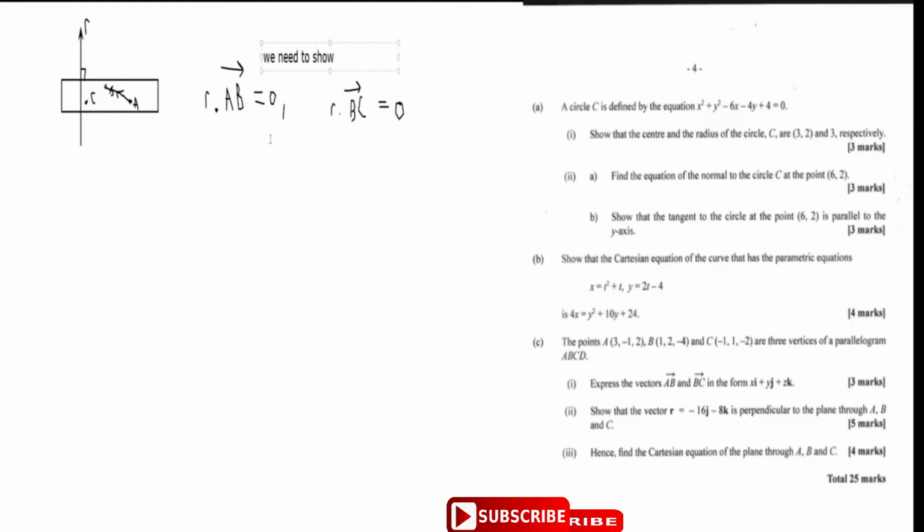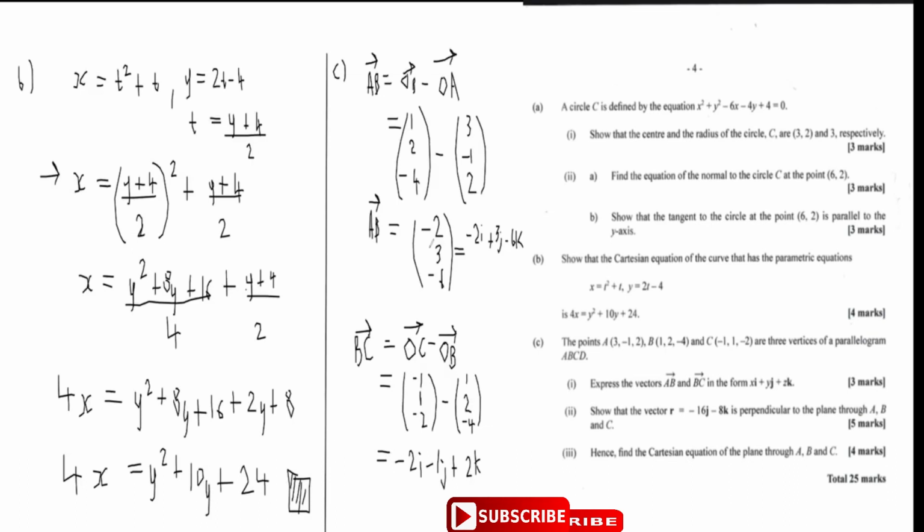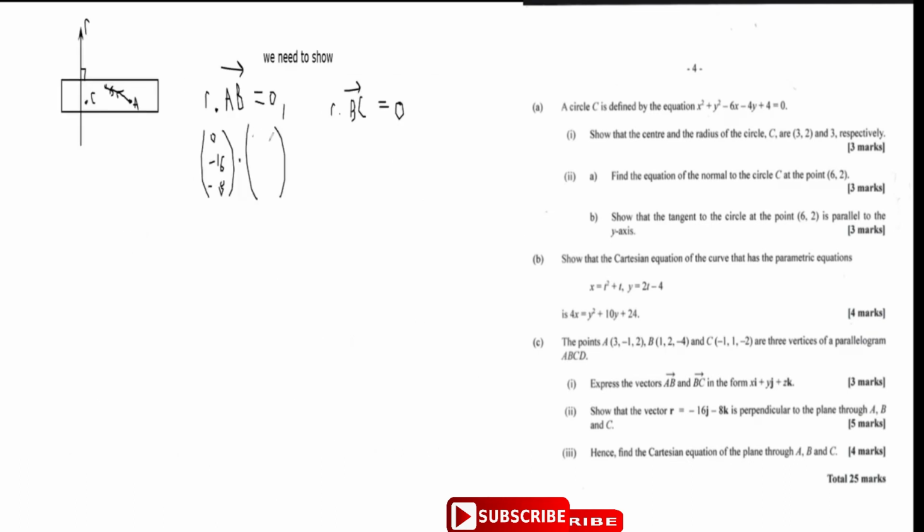So let's try to do that now. Vector R, as we see, is 0, minus 16, minus 8, and we're taking the dot product with vector AB, which is minus 2, 3, minus 6.